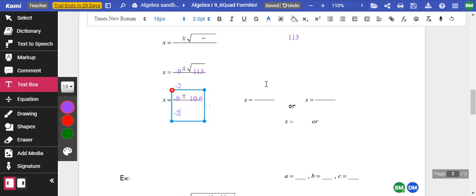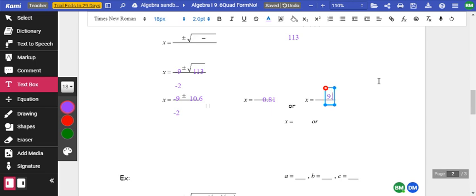If we've got 10.6 plus negative 9, we get 1.6 divided by negative 2, which is negative 0.81. And if we have negative 10.6 and negative 9, we get negative 19.6 divided by a negative 2, which gives us 9.8.